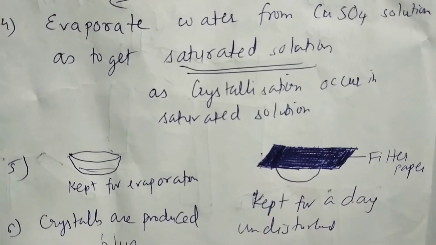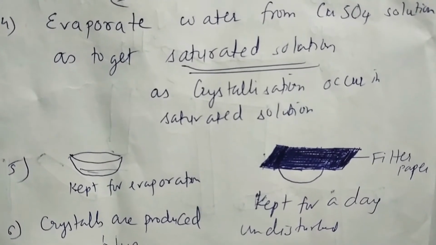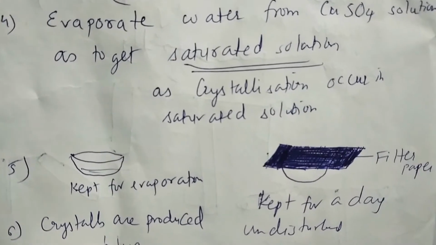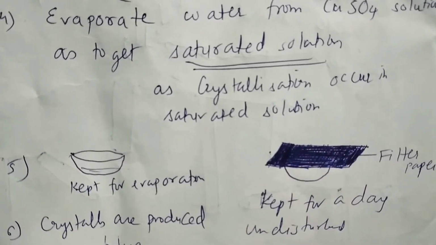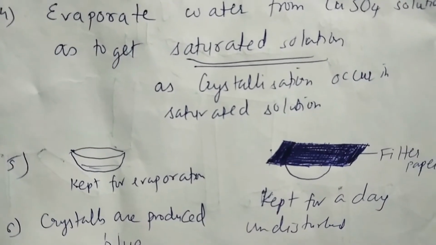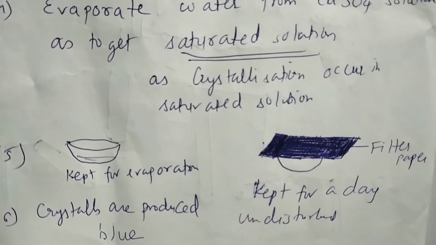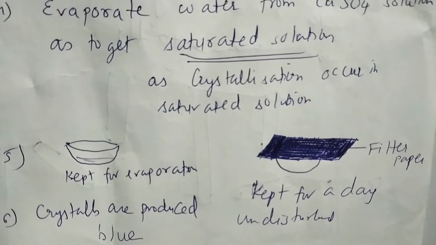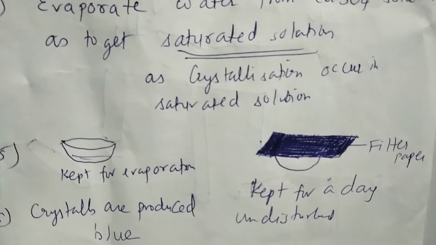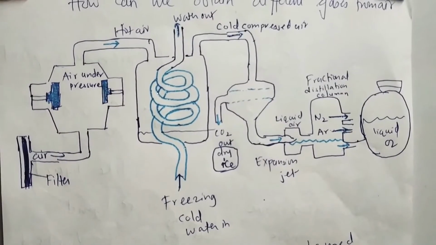Crystals are formed by a regular arrangement of atoms. When a crystal forms, only those atoms which belong to the crystal are joined together. No other impurities are there in the crystal. So this is a separation technique as well as a purification process, and it is better than evaporation.